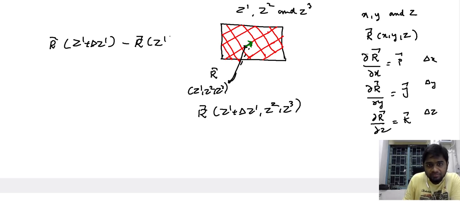This gives us the vector in green, which is described by the difference between the position vector of the neighboring point and the position vector of the original point.